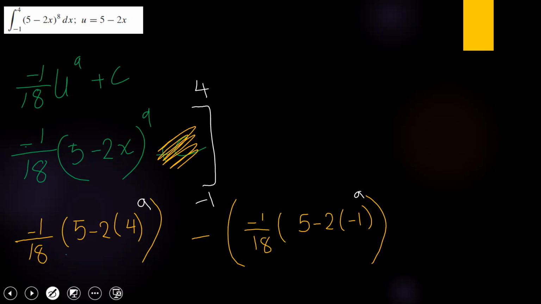times, or divide by 18. We'll have it as 1093.5 minus, 5 minus negative 2, or 5 plus 3 is 8. 8 to the power 9 times, or divide by 18.